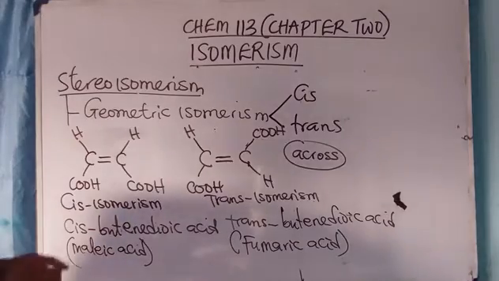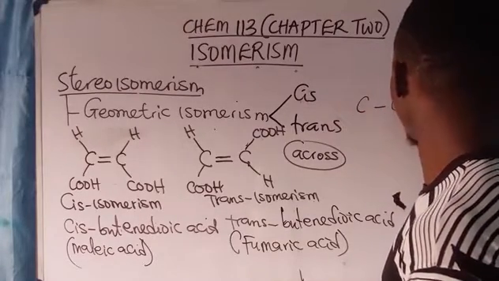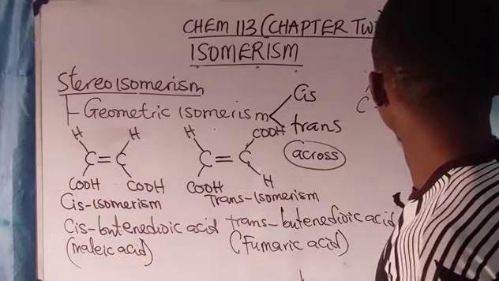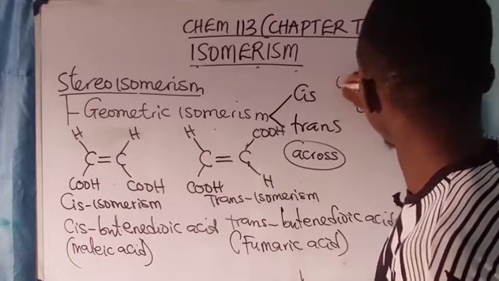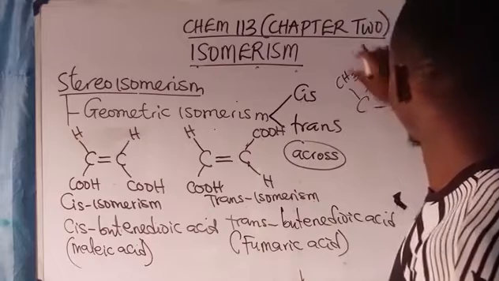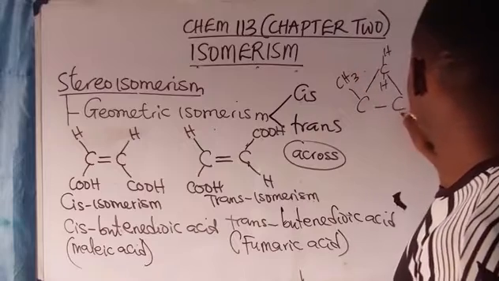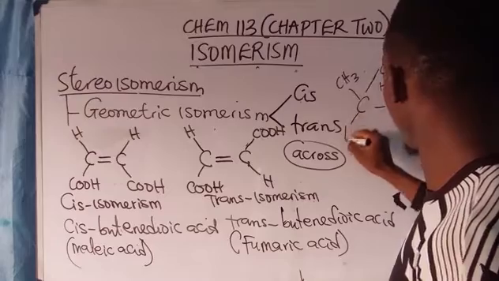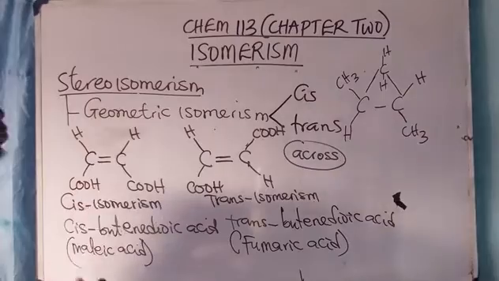Then some may occur in form of a ring. If I have something like this, H, I have CH3 here, I have CH3, this H, this H. How would you name this type of compound?